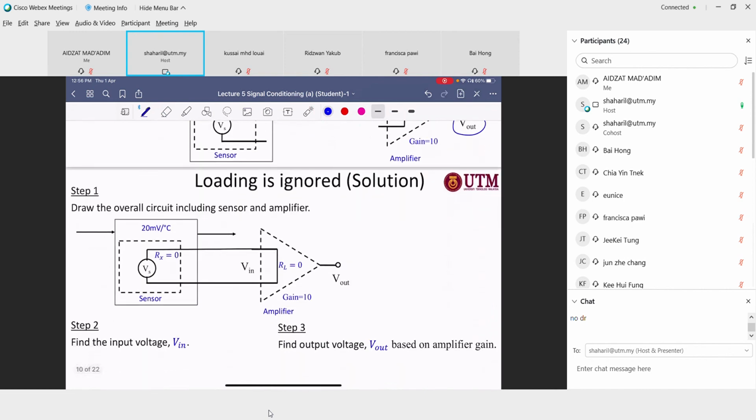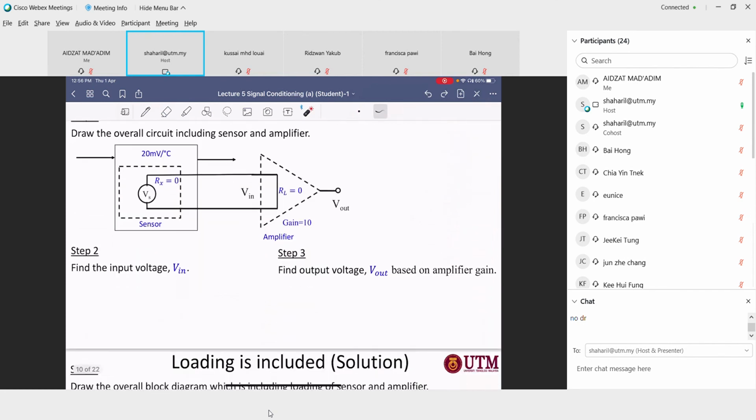For the first condition, when the internal resistance and loading are ignored, that means there is no resistance there, and also with the loading, there is no resistance there. Then you need to find the V out. V out equals 10 times V in, because the amplifier has a gain of 10.